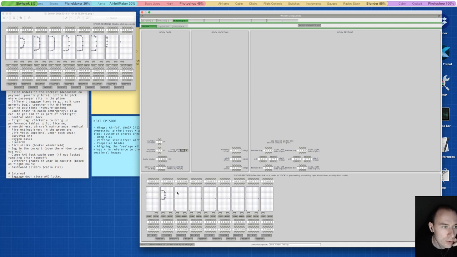Let's first get the general shape going. Copy, paste. Seems that way I can edit these points.